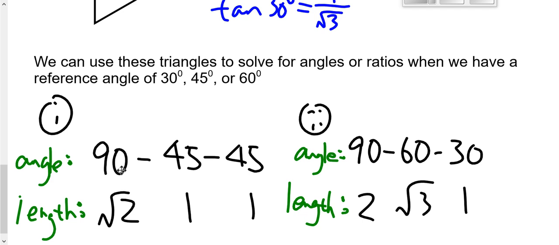If it is 90, 45, 45, you have root 2, 1, and 1. But we don't have root 2 here. Instead, we have 2 and 1. So that means it should be the other one. 90 degrees would be 2, 60 degrees, the corresponding side would be root 3, and 30 degrees would be 1. So 2, root 3, and 1.